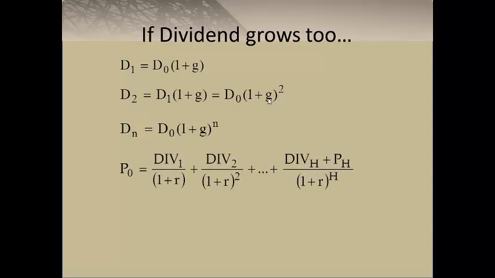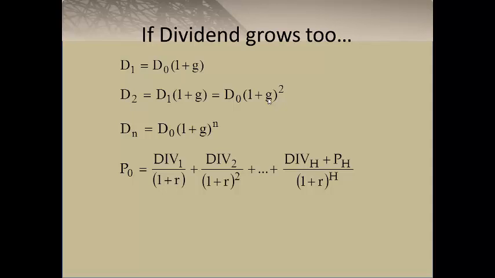Now, the price of a stock is essentially a present value. So each dividend for a period t would be discounted by 1 plus r to the power t. In this case, div1 would be discounted as div1 divided by 1 plus r, div2 as div2 divided by 1 plus r to the power 2, and so on and so forth, till divh divided by 1 plus r to the power h.